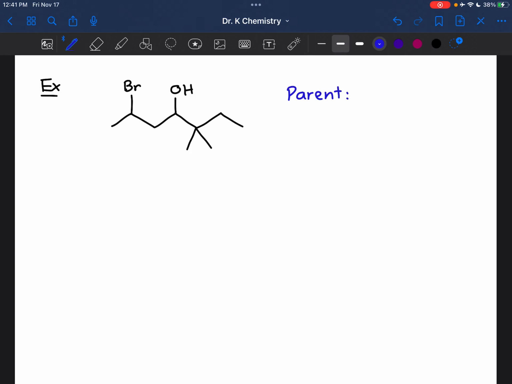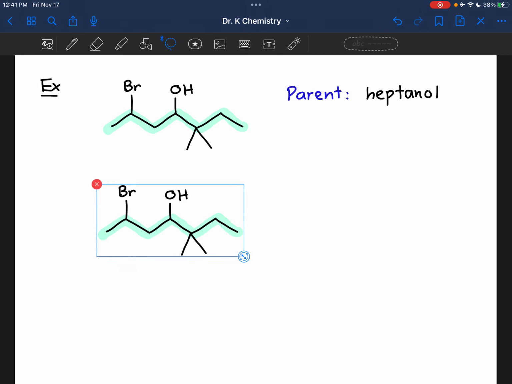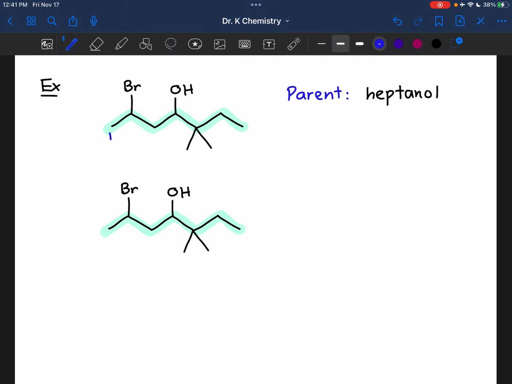To figure out the parent here, I'm going to find the longest continuous carbon chain as usual. I see that it is 7 carbons long, which means the parent will be heptanol. And then I need to figure out whether I'm going to number left to right or right to left. I'll explore each option.